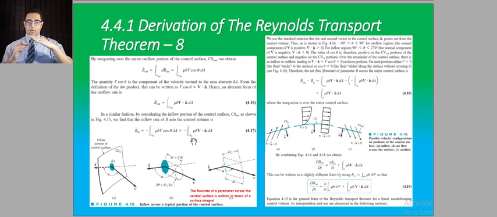In the inflow, at the inlet interface, the flow is going this way. However, the normal vector of the control surface is in the opposite direction, which means theta is 180. So the cosine of it is going to be -1. In the outlet, the normal of the surface is in the same direction as the flow. So the cosine is 1, which is positive.